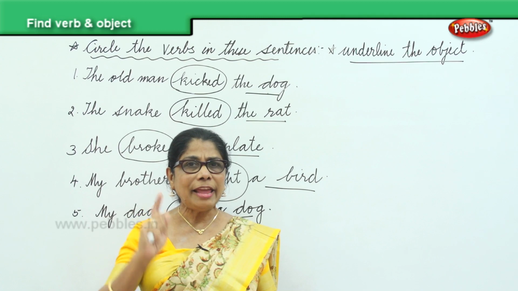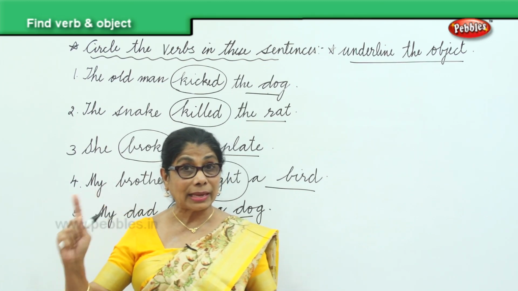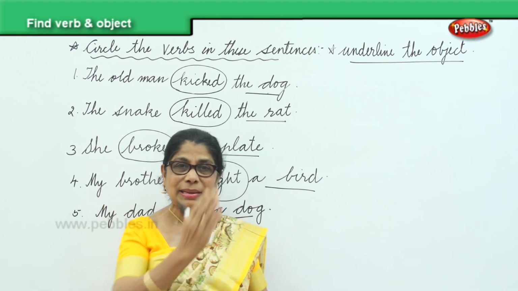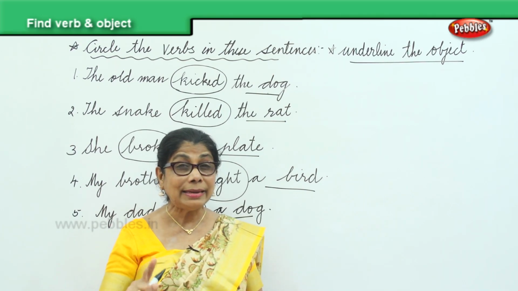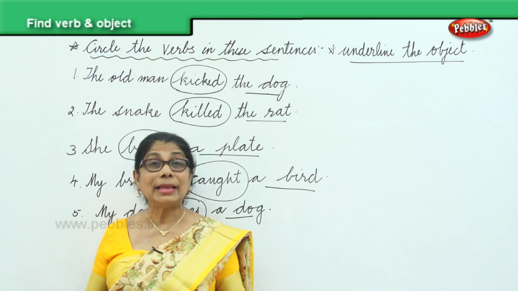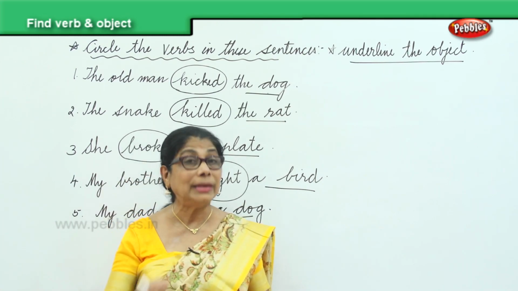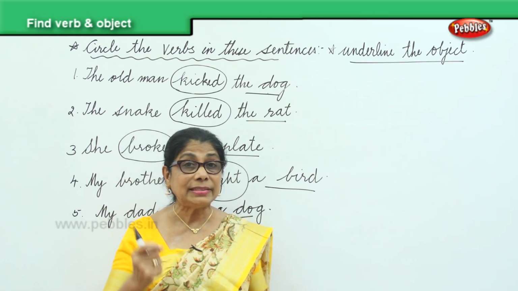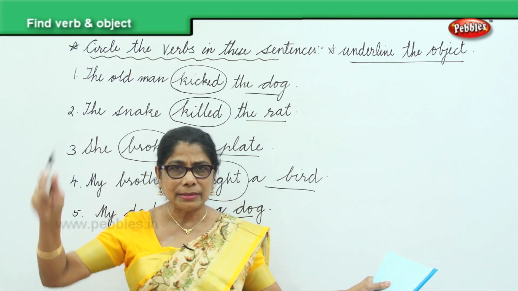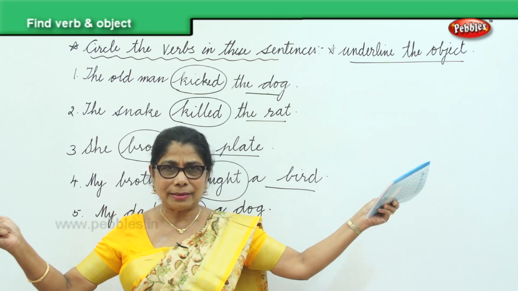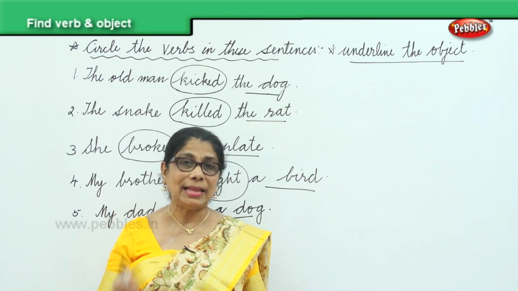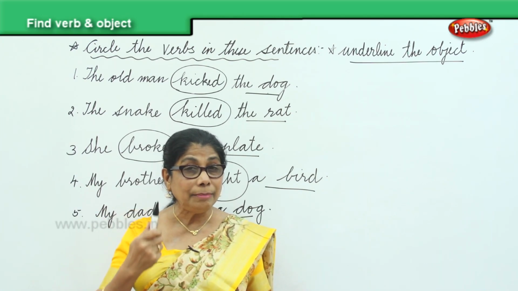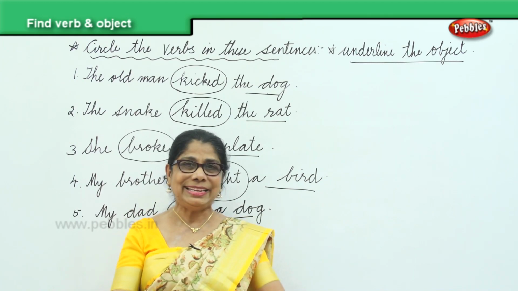Every sentence must end with something, a question mark or full stop. Every sentence has a subject followed by an action word, that's a verb. Every sentence must have a subject and an object. And the subject is followed by the action word, that's a verb. So there are three parts to every sentence.